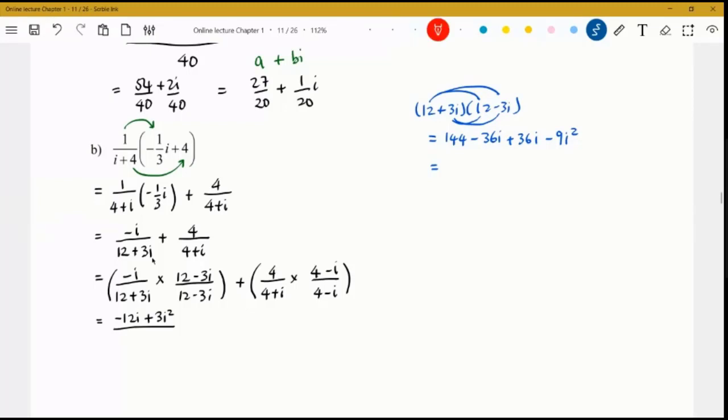So pada bahagian tengah-tengah akan hilang. So 144 plus 9 we end up with 153. Okay, so pada bahagian bawah ini adalah 153.